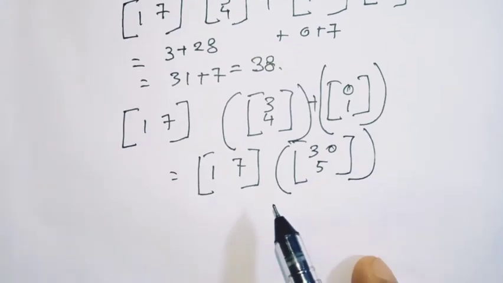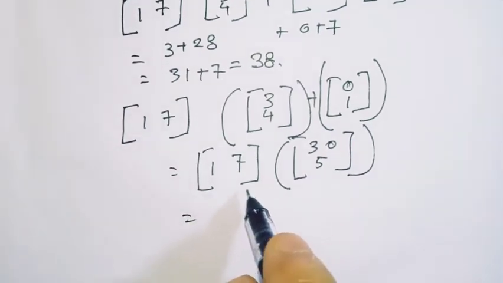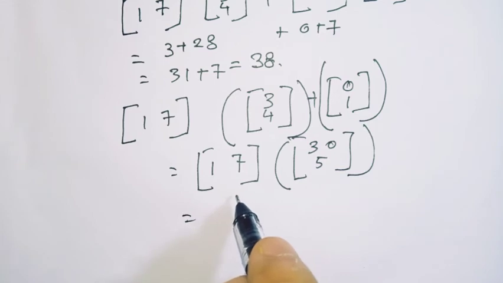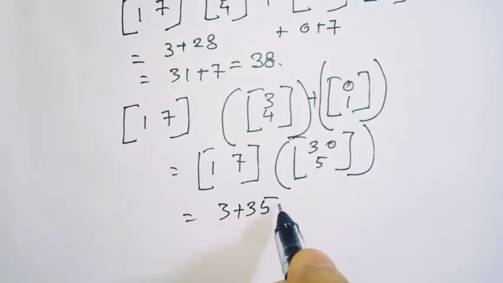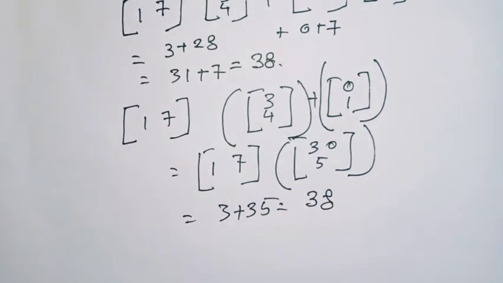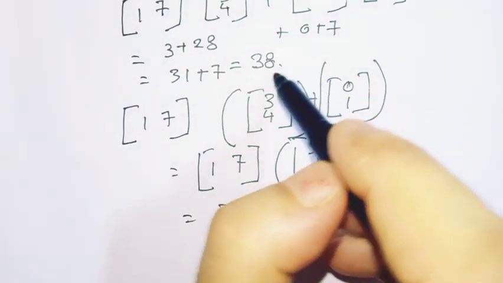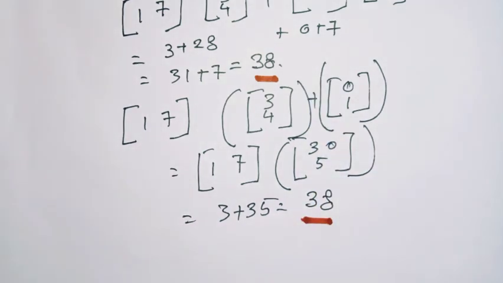So in total 1 times 3 and 7 times 5, 3 plus 35, and this will be 38. So what you see here is that both of them are the same.